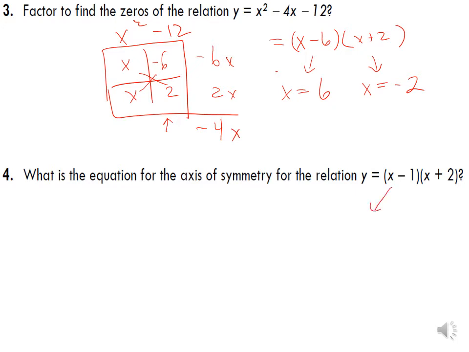So all we have to do to start is figure out what my zeros are. From the first bracket, x equals 1. 1 minus 1 is 0. From the second bracket, negative 2, because negative 2 plus 2 is 0. Now you have to figure out what's halfway between 1 and negative 2.